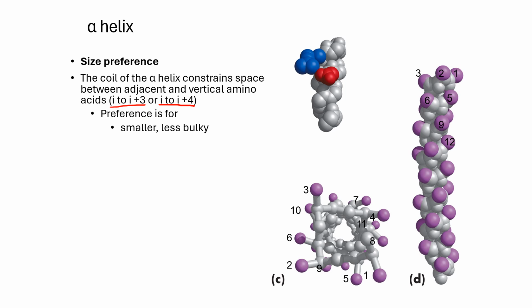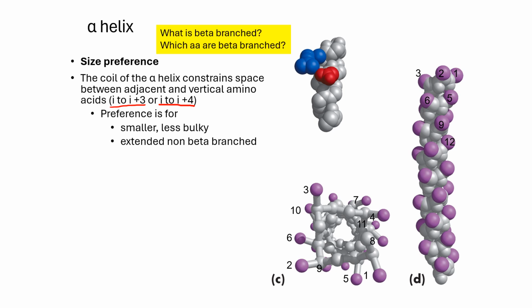Now, alpha helices typically are going to prefer smaller and less bulky amino acids. In addition to that, they'll prefer extended non-beta branched amino acids. So something like arginine as opposed to an isoleucine. So think about what are our beta branched amino acids.